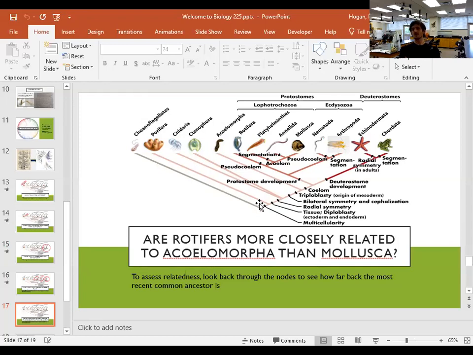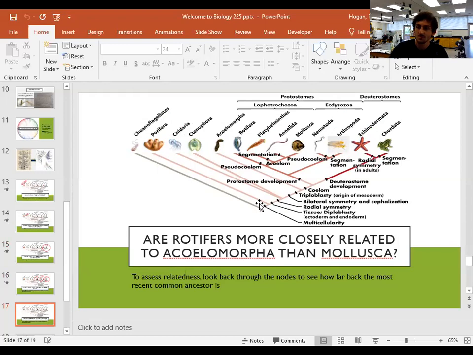You could do the same thing with chordates. If you count the differences between chordata and Annelida, we have 1, 2, 3, 4, 5, 6 differences.